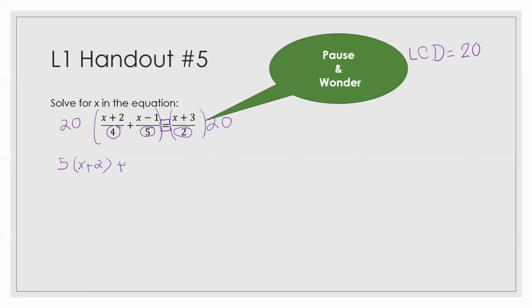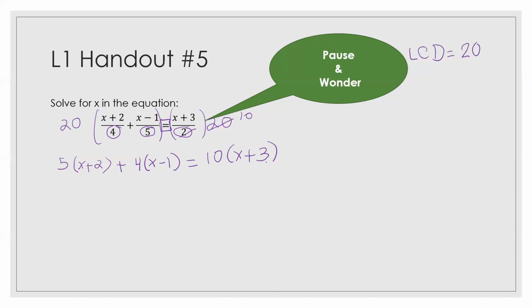My second term, 5 goes into 20 4 times, and I have 4 times x minus 1 is equal to, on the right hand side, you can see that 2 goes into 20 10 times, so 10 multiplied by x plus 3. And we have just turned that into equation number 3, right? The last one we just saw.